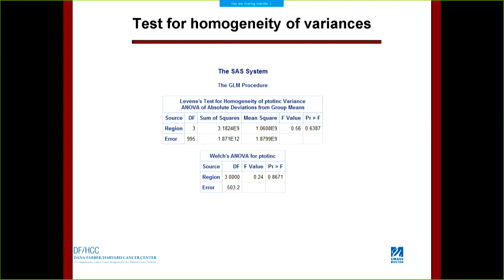Okay, use the F-test here. Okay. Now similar to the t-test, the one-way ANOVA is also based on the normality of the distribution of the dependent variable.